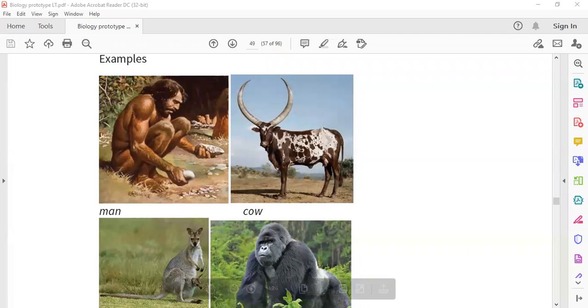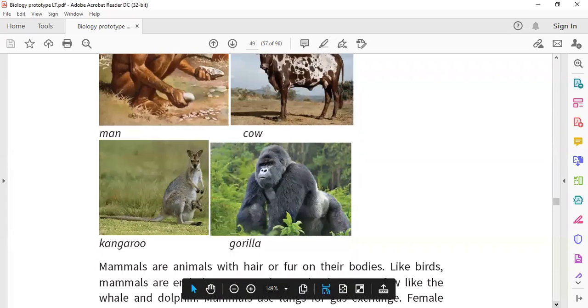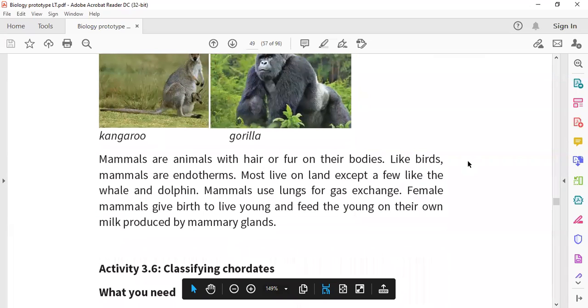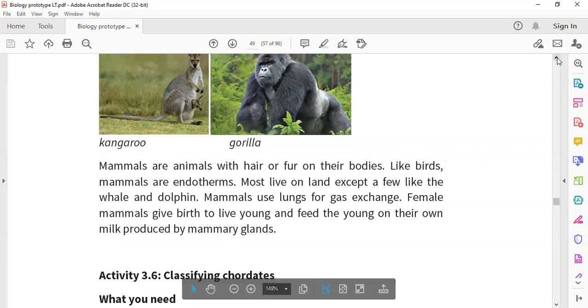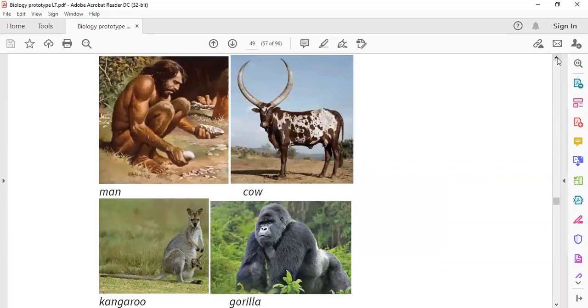Then, after knowing the examples, maybe we can now get someone to take us through. But before that, let's get to know some of the characteristics that we have used to place these organisms in these particular groups. What have we based on to classify them as mammals?